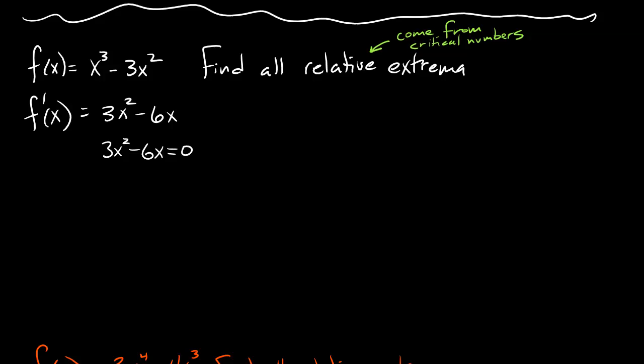Who should we go with? Emma? Emma, could you tell me why there are no undefined critical numbers in this one? Do you remember the kind of key thing to look for? That's okay.